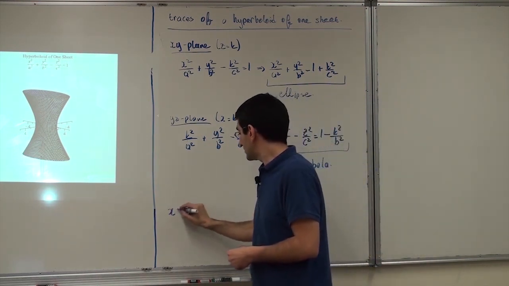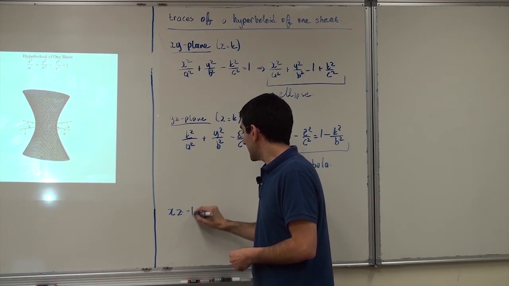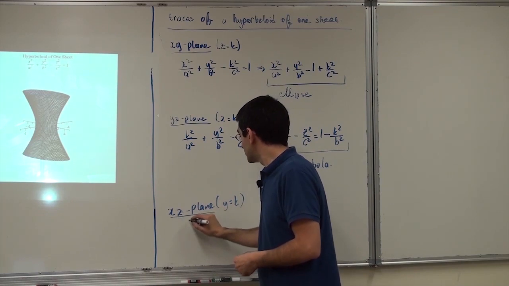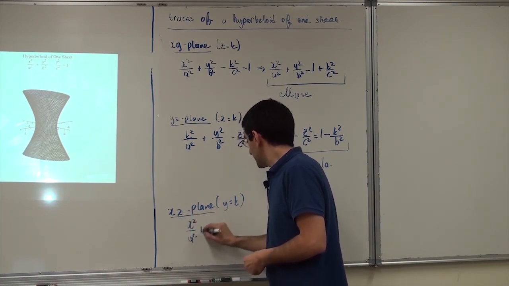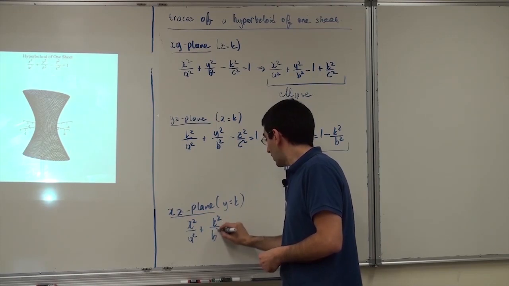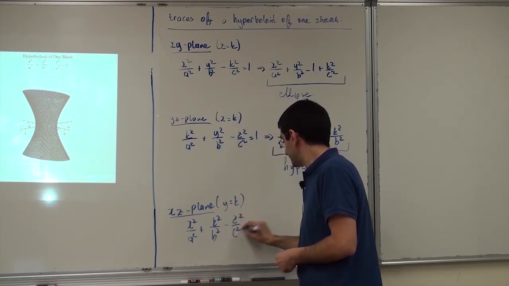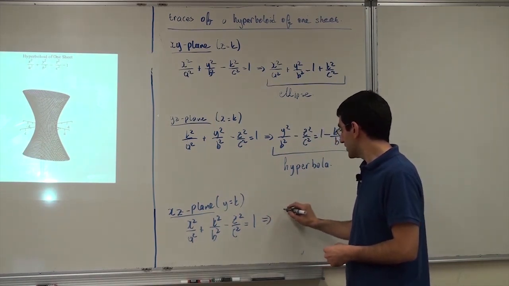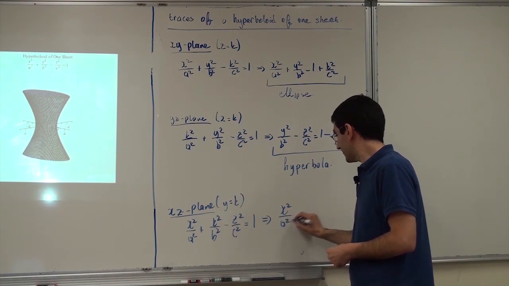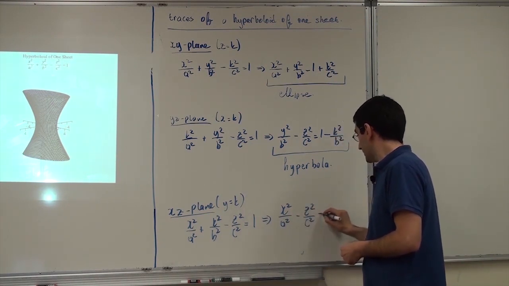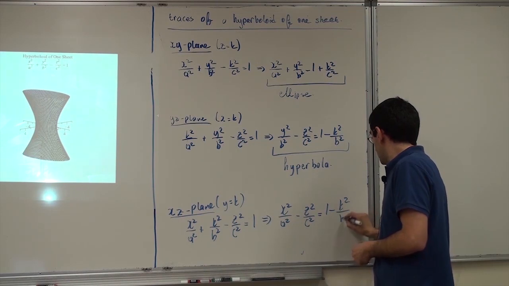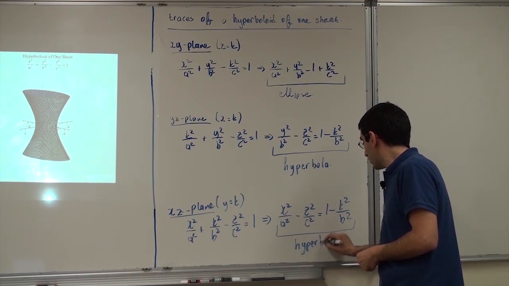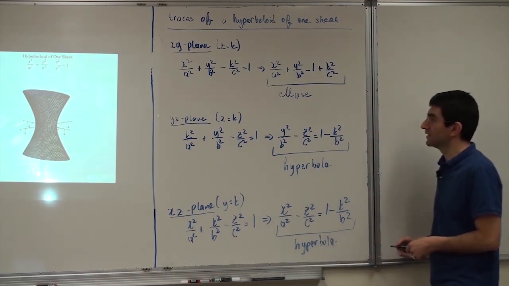And if you check the traces along the xz plane, you have to substitute k for y, and by rewriting this intersection equation, we identify it as, again, a hyperbola for any value of k.